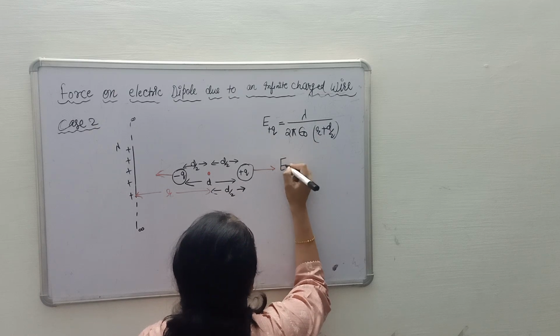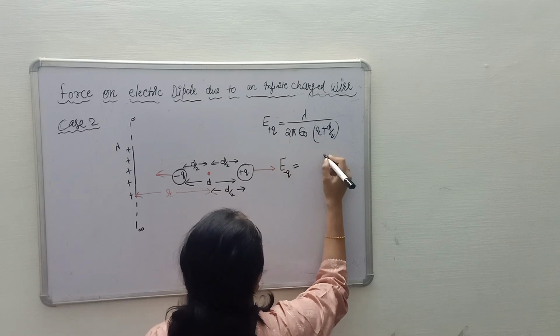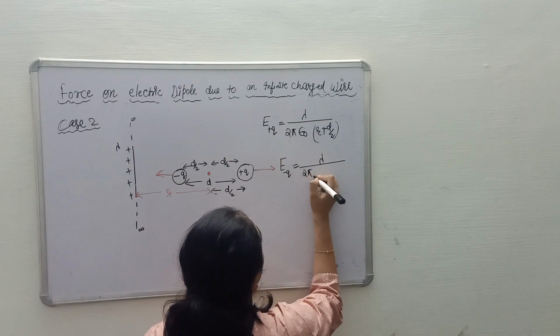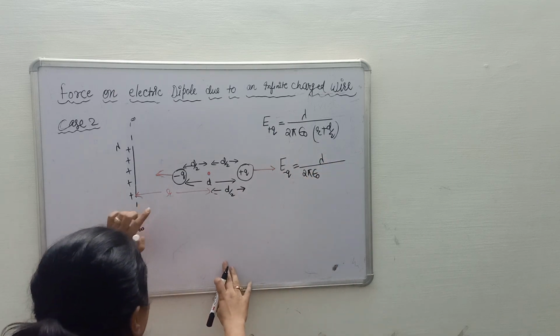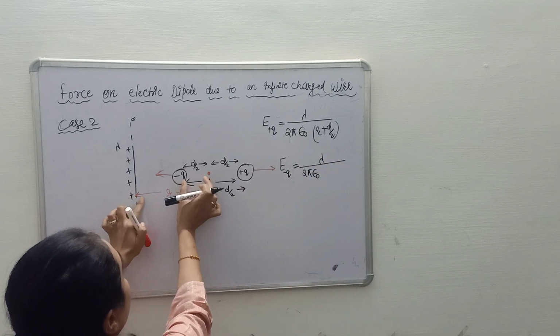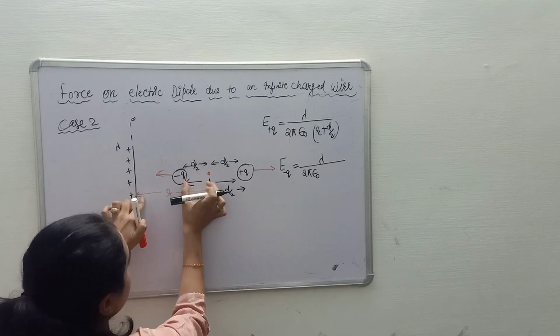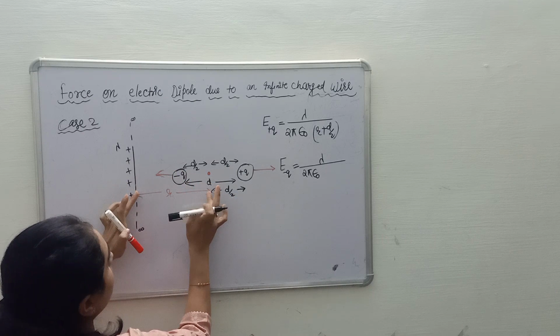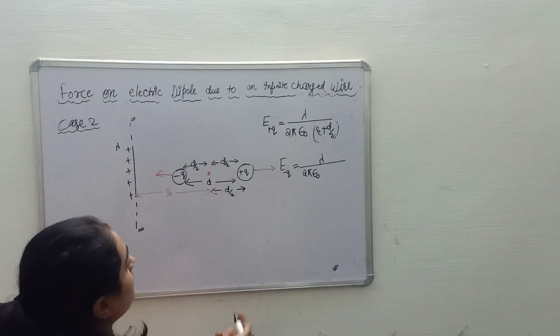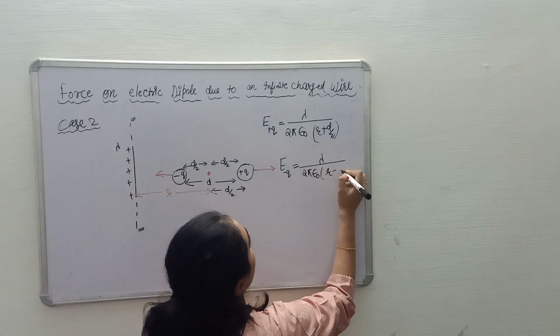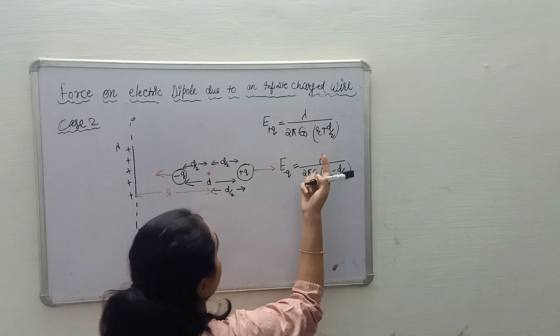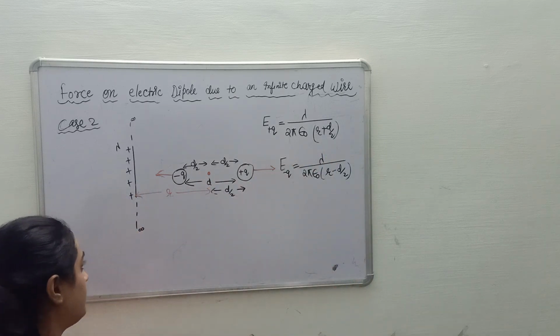At the negative q charge, the electric field will be lambda by 2 pi epsilon naught times the distance r minus d by 2, since we need to subtract d by 2 from r, and the direction will be the negative x-axis.